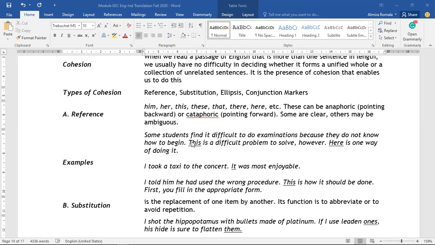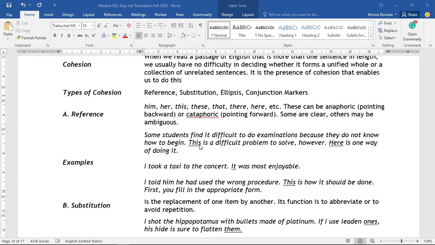And then we have the second sentence. This is a difficult problem to solve, however. This, okay, this one is an example of ambiguous reference. So what is this? We don't know the exact reference for this, and it is often found in a text, so we have to think about it and understand what this means.